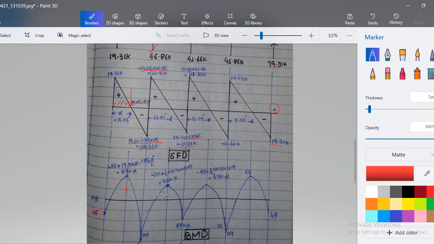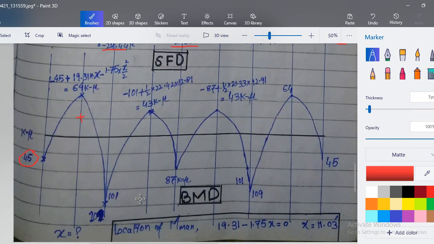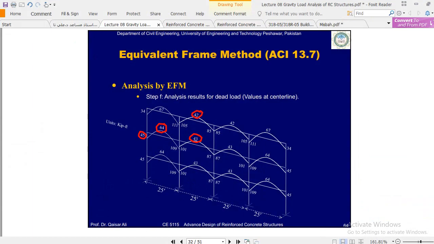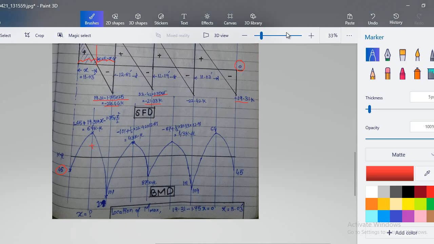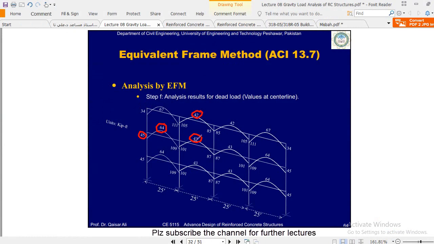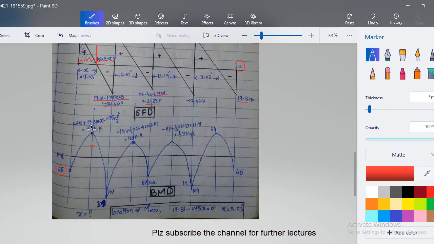Similarly here, 64. Now let me show you this value 64. This is the way you get these values 64, 43, 43, although there will be a little bit of difference. Now from this 64 you just subtract this negative shear area, you get 109. But we already know this 109 moment.